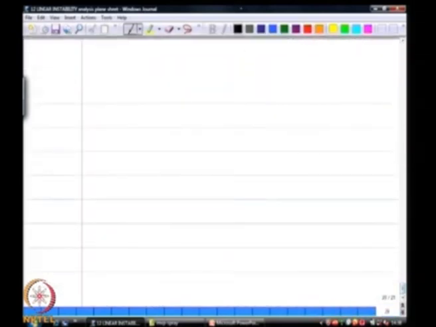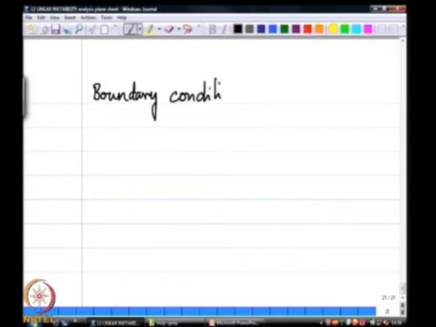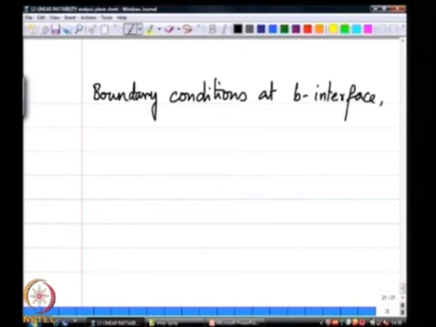Likewise, if I write the boundary conditions at the bottom interface, I will have the following.